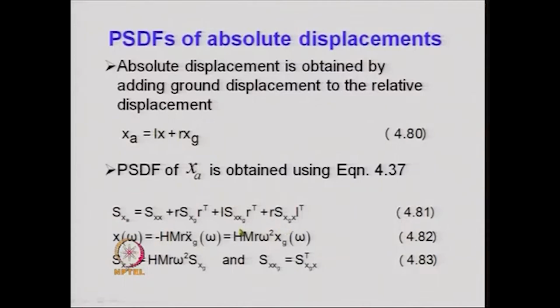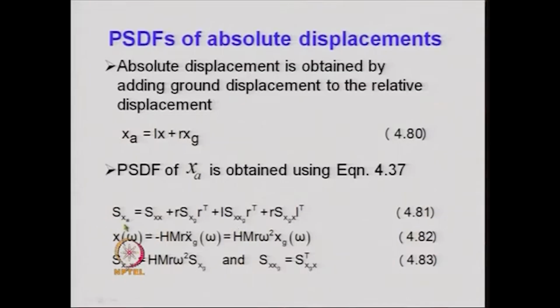They are the cross power spectral density function matrices between the displacement and the ground excitation or ground displacement, and this is the other part of the cross power spectral density function matrix, which generally is a complex conjugate and transpose of this, as you have seen before.